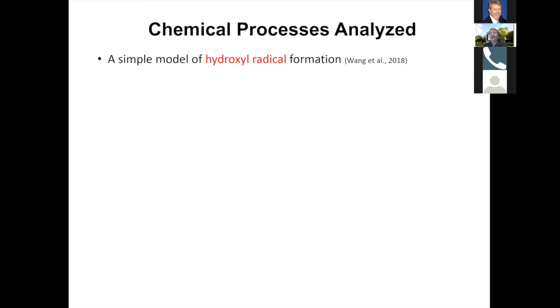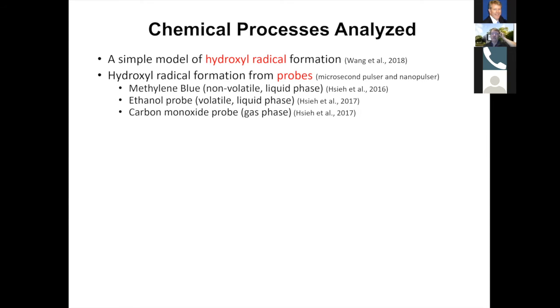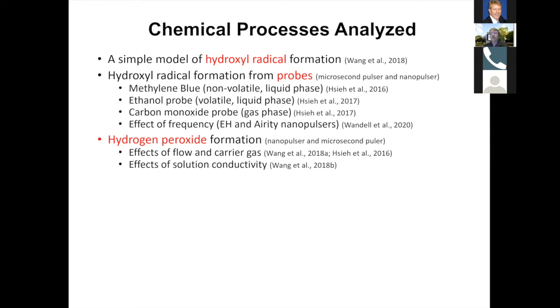We have analyzed, I'm not going to go into all the details, I'm going to look at some results from a couple of these specific examples. This reactor we've characterized in terms of the OH radical, quantified the OH radical that's produced, and compared it to other advanced oxidation methods by using chemical probes. We also have measured, of course, the hydrogen peroxide generation itself and the effect of the solution properties on that.